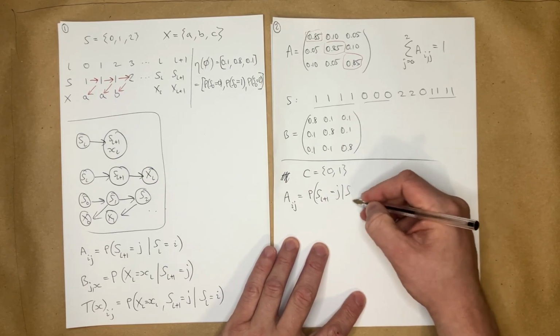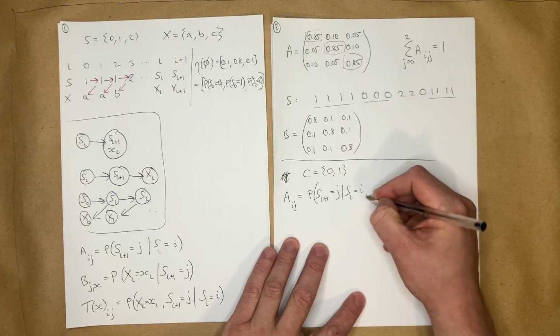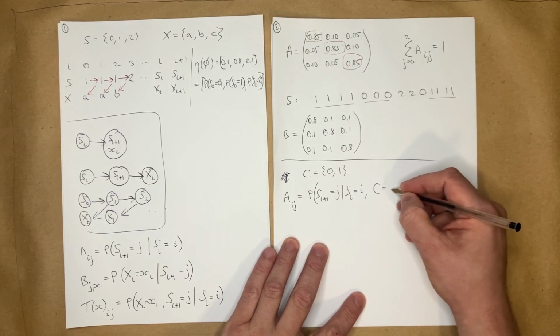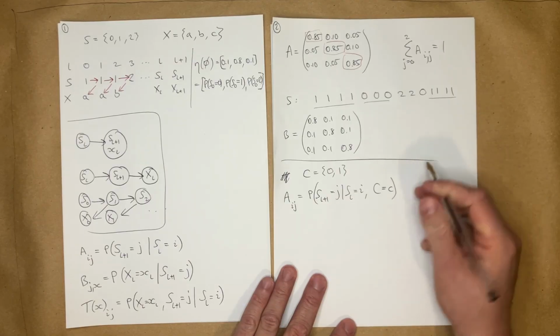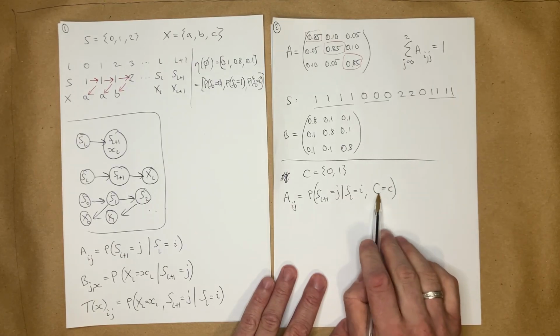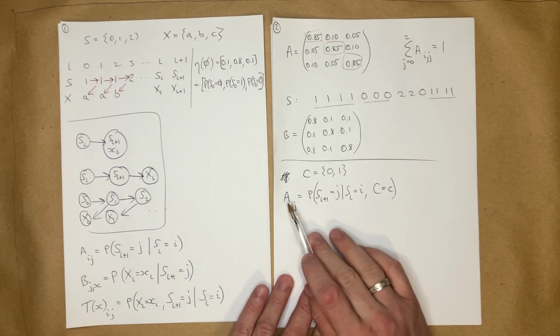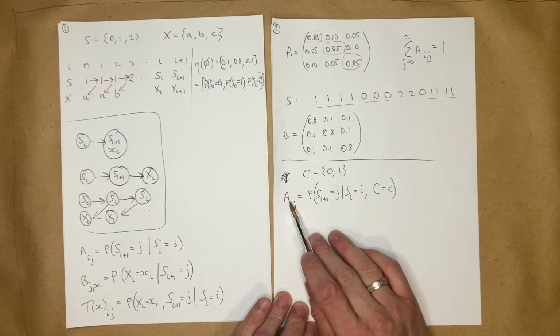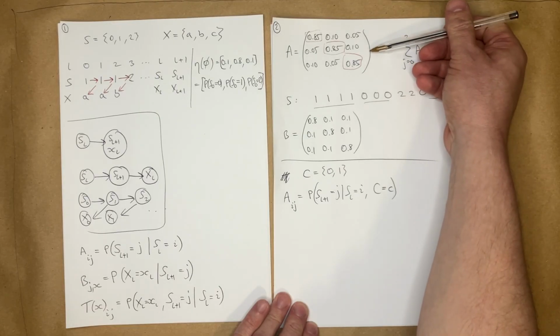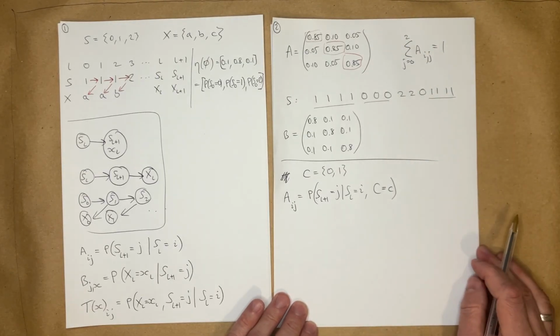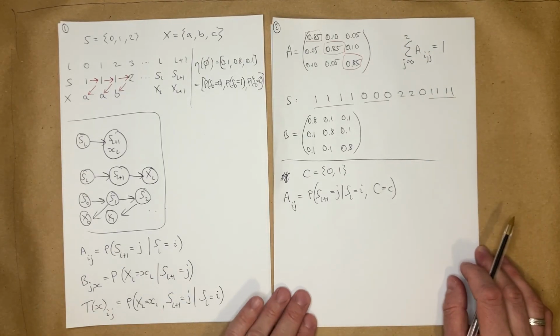I'm going to condition on that, but I'm now going to say that C takes a particular value. In other words, by saying that C is equal to a particular value of C, that denotes the fact that we're talking about an A that has a particular set of characteristic values, if you like, of the latent component.